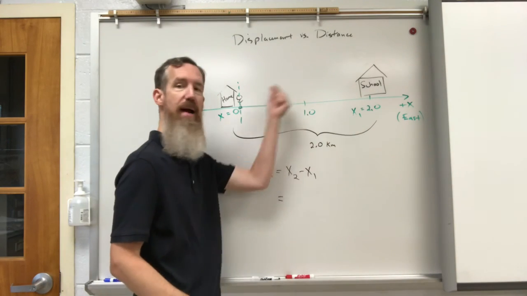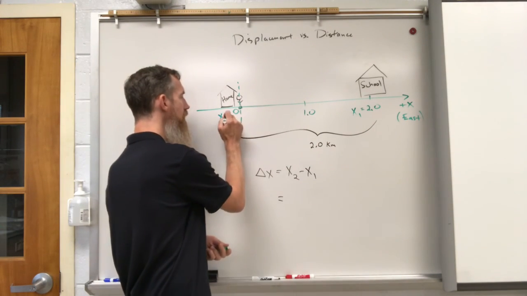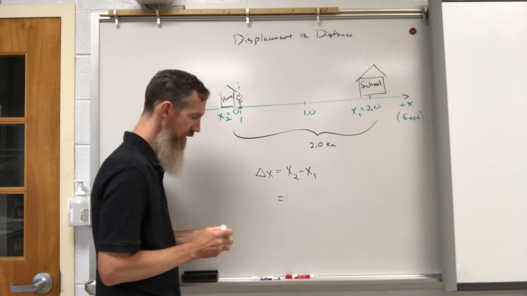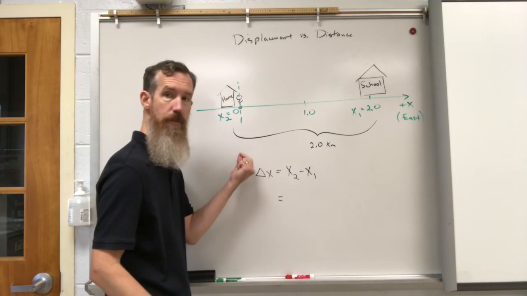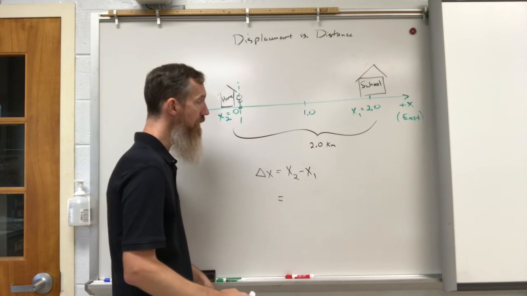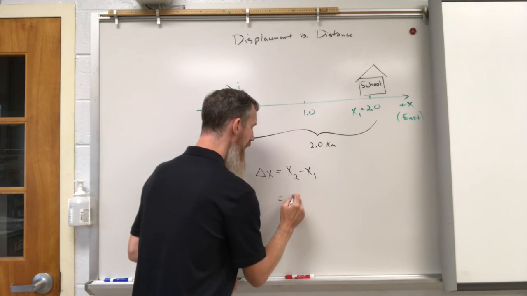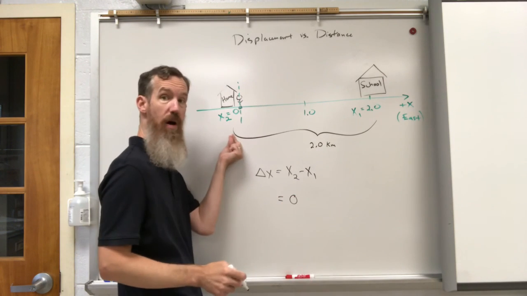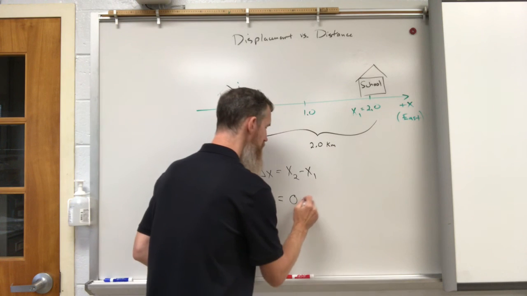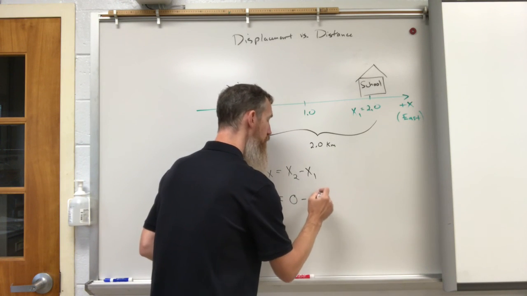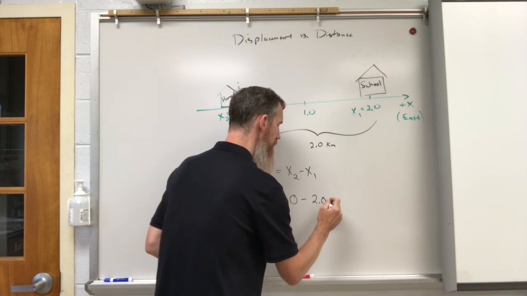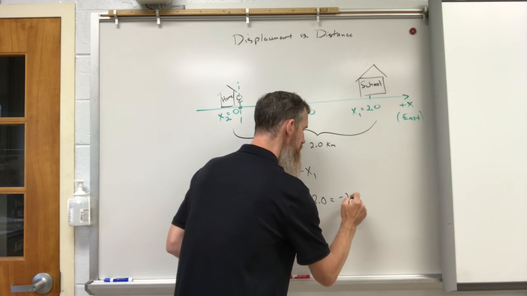And then if I walk back home, I end up here. That changes this, because I end up at home, which we called the origin earlier, and I started from the school.